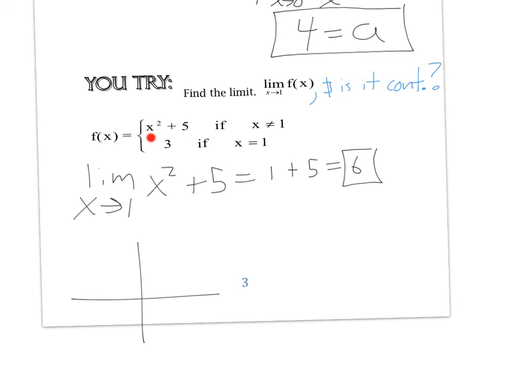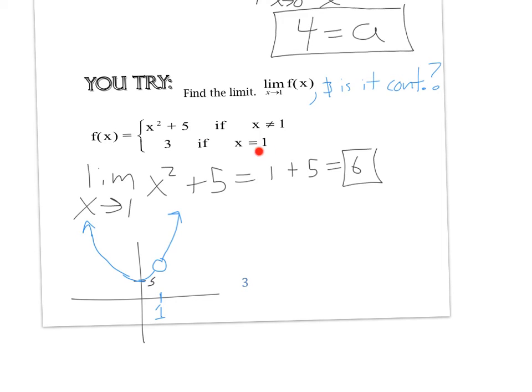What would this look like on the graph if we remember that it's not this parabola when x equals 1? Well, this is just a parabola that's up 5 units, so just make that a 5. It just looks something like this, with a hole right here at 1.